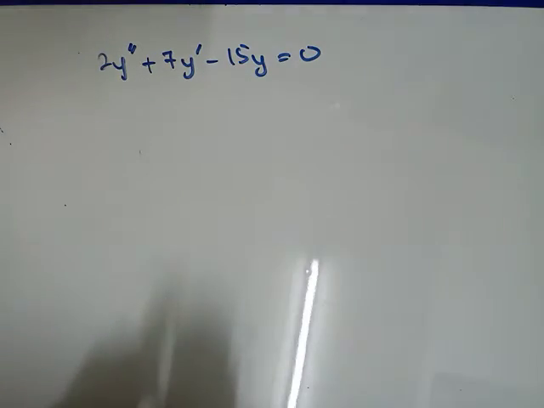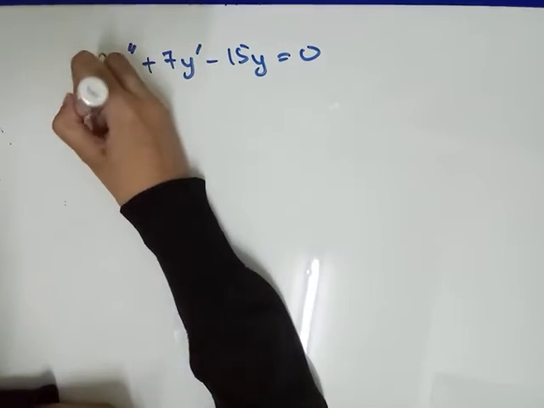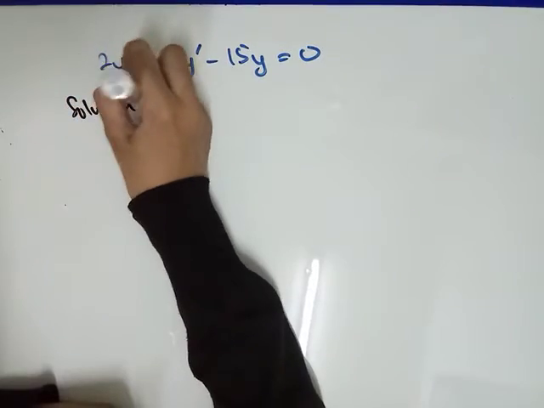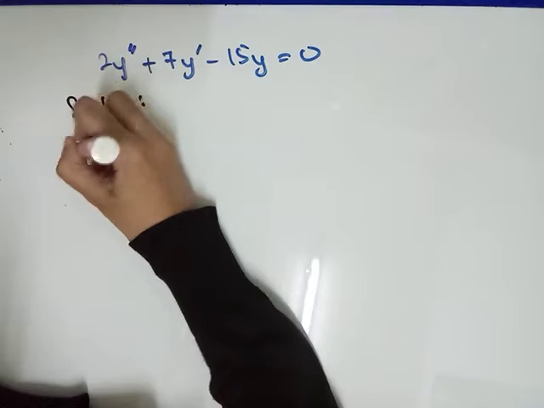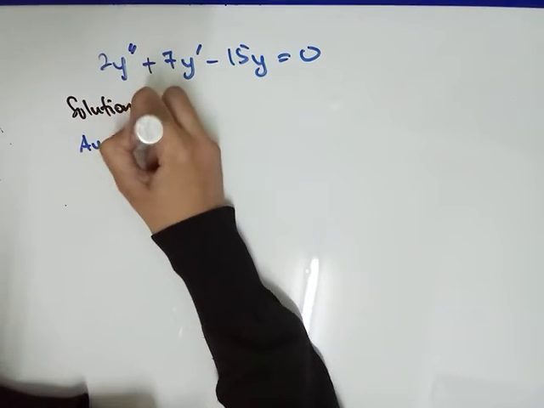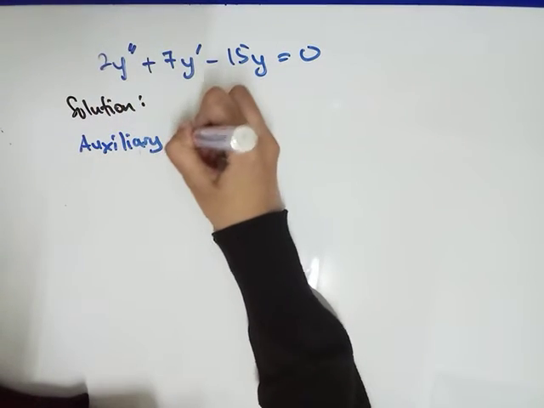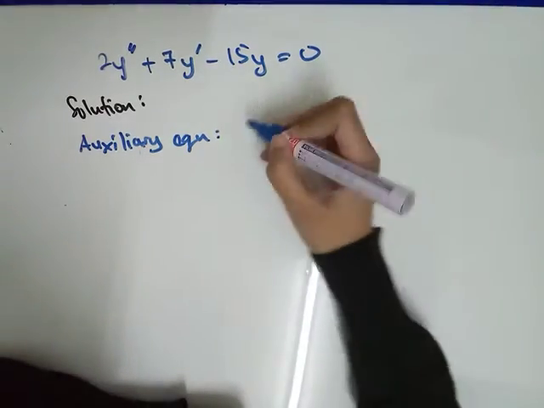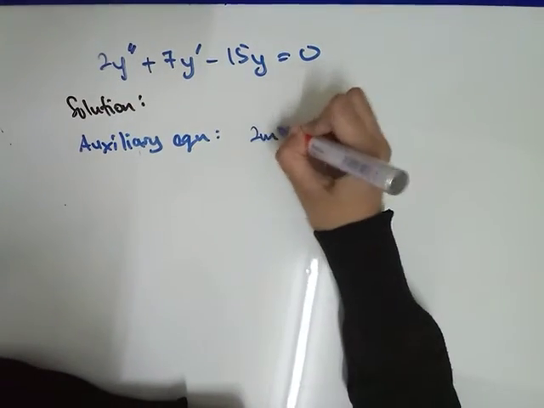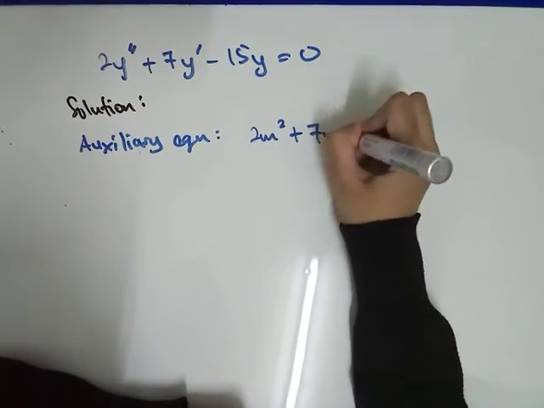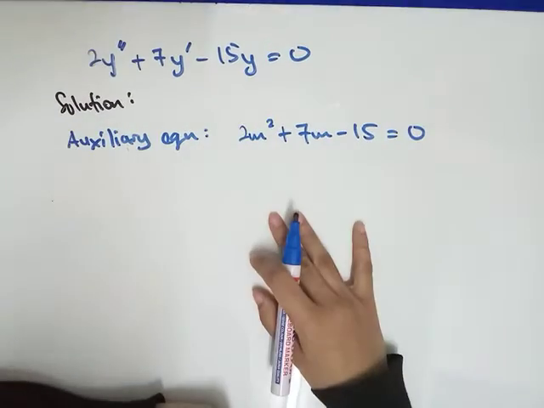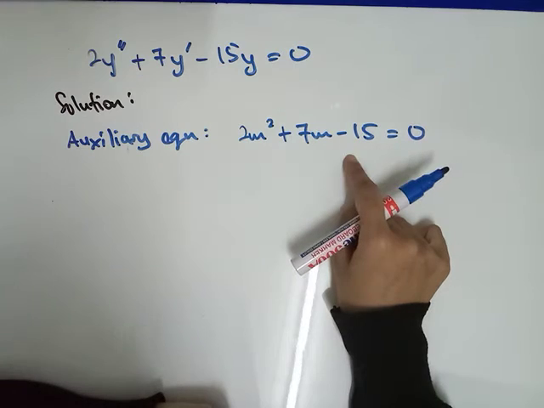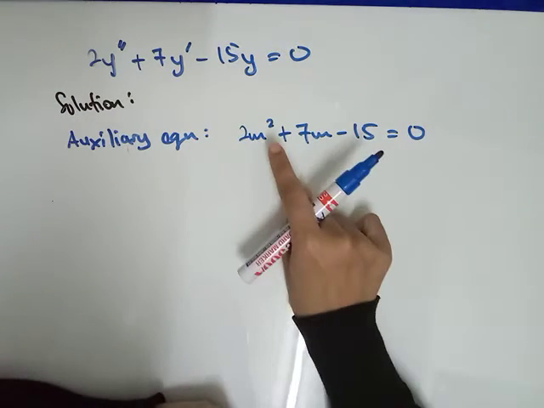So, how to solve this one? You need to transform into auxiliary equations. Auxiliary equation: 2m square plus 7m minus 15 equals 0. And then we need to solve for m.